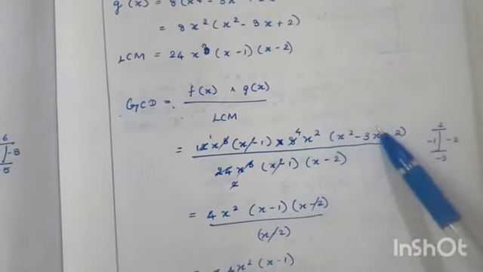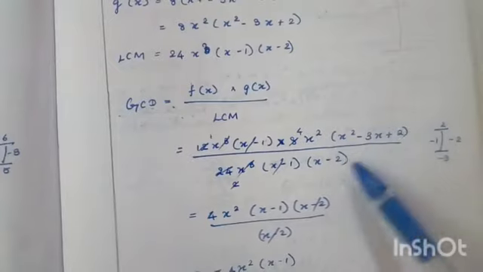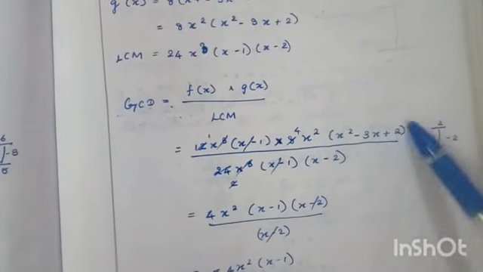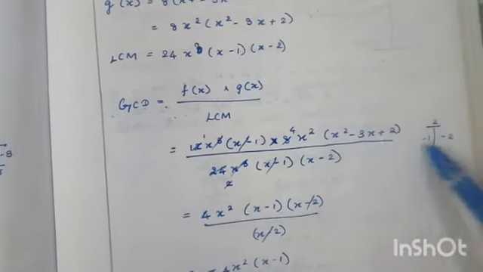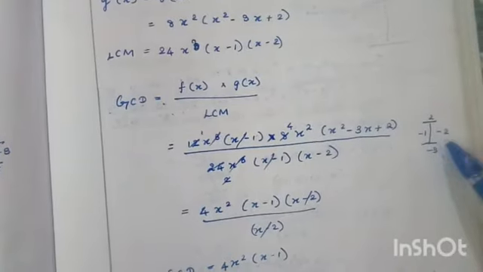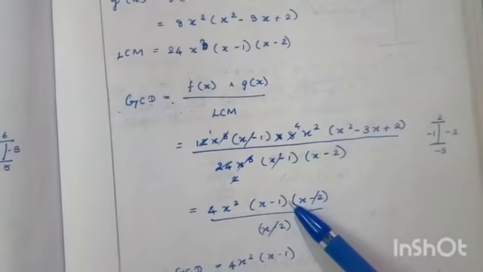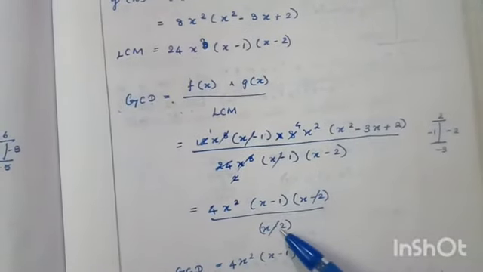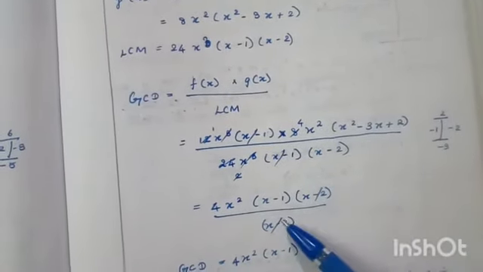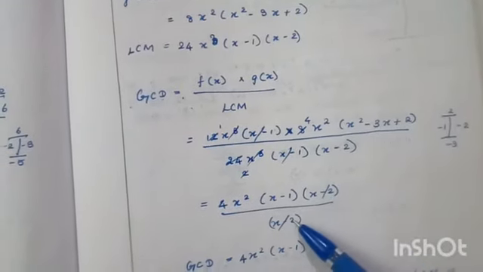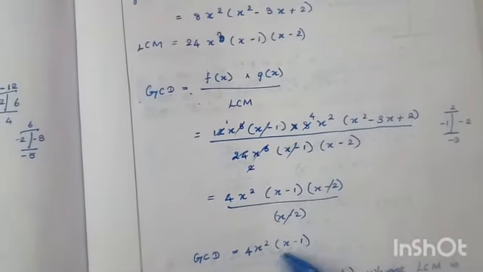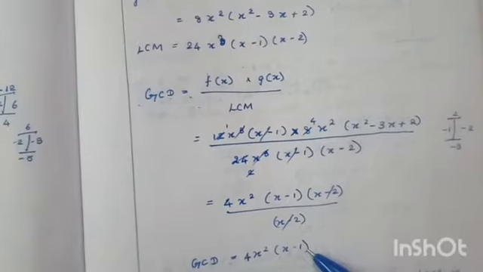This is a quadratic expression. You have to find the factors for this expression and write them over x minus 2. After finding that, again you have to cancel x minus 2 with x minus 2. After cancelling we have 4x square into x minus 1.